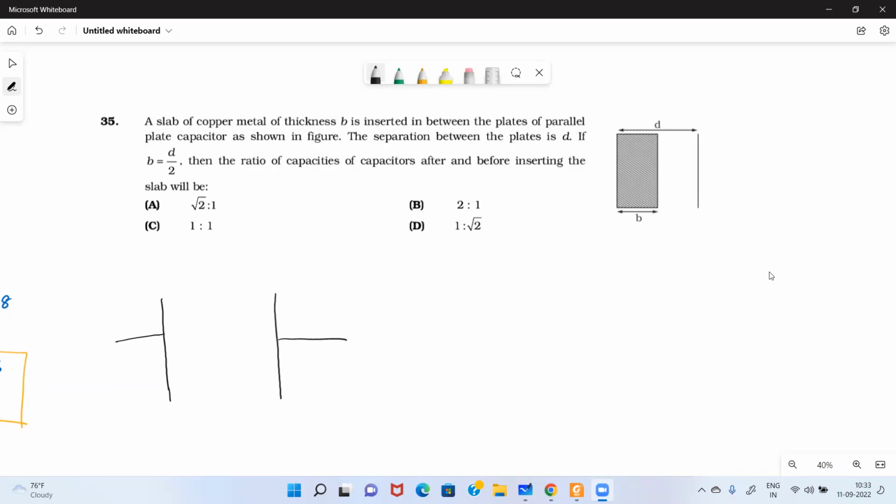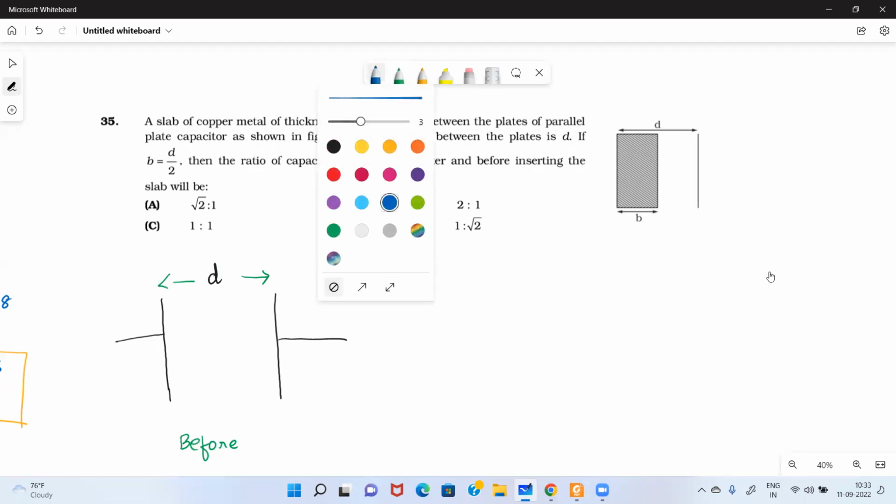Now, if you see, this is before inserting the slab. Of course, the area of cross section, let it be A, and let's say the distance between the plates be D. Then what will be the capacitance of the parallel plate capacitor?